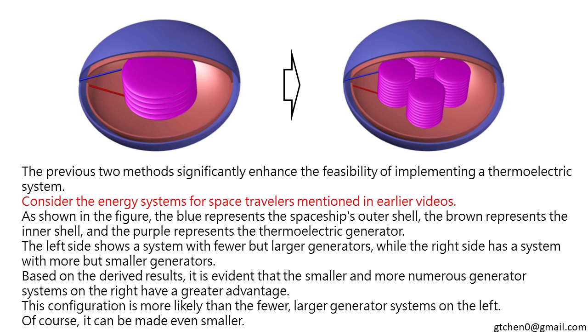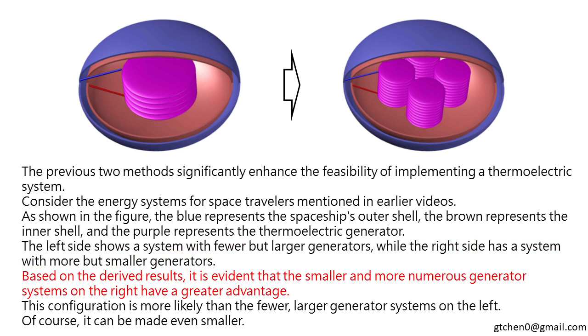Consider the energy systems for space travelers mentioned in earlier videos. As shown in the figure, the blue represents the spaceship's outer shell, the brown represents the inner shell, and the purple represents the thermoelectric generator. The left side shows a system with fewer but larger generators, while the right side has a system with more but smaller generators.